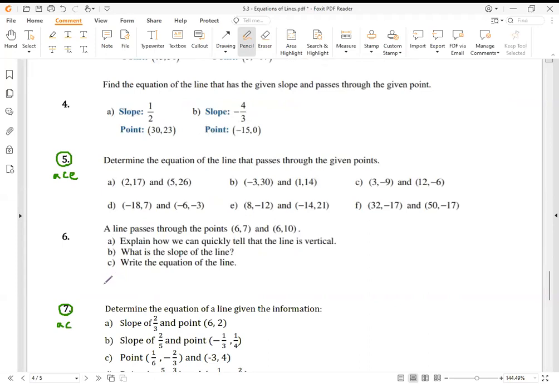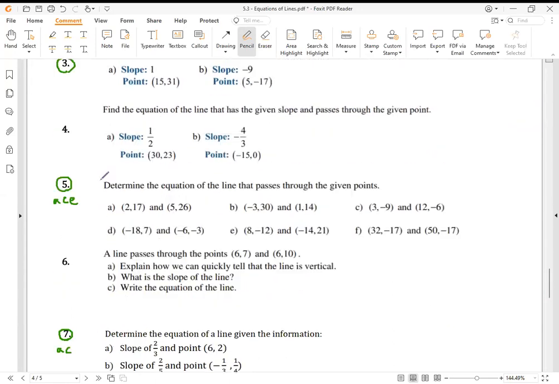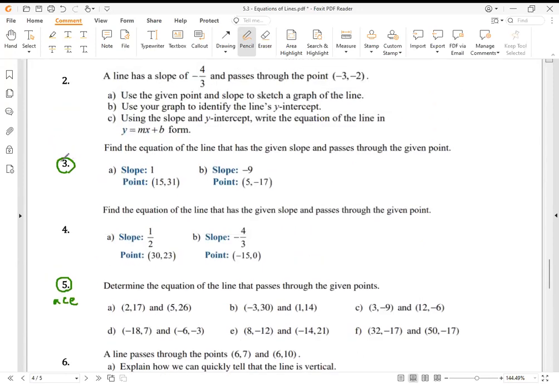So basically every other question. And in 5 and 7, do every other question too. So ACE, ACE. If, as you go through, let's say number 3, you're like, oh, that was tough. Try number 4 because it's basically the same thing but harder. Okay? Keep practicing. I'll stop the video here, and that's it.